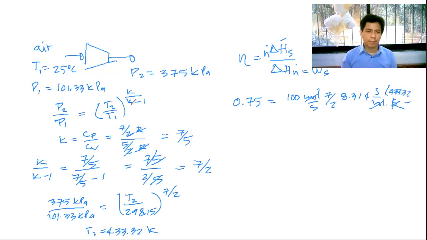minus yung initial temperature natin. Initial temperature natin is 298. So, joules per mole per Kelvin, magka-cancel out yung mole, tapos yung Kelvin magka-cancel out sa unit na to. Tapos joules per second na lang to. So, parang watts yung lalabas dito.